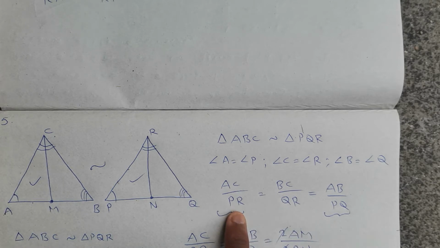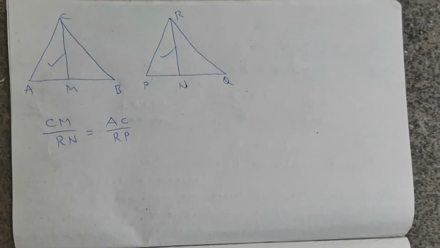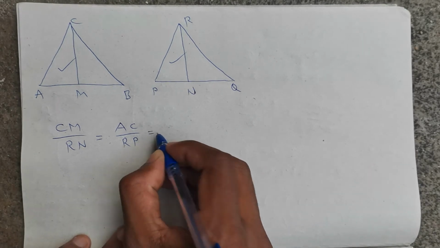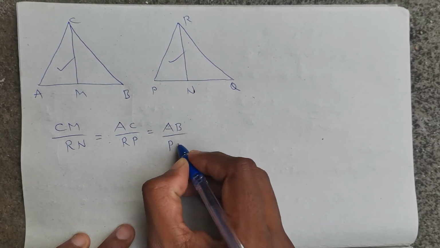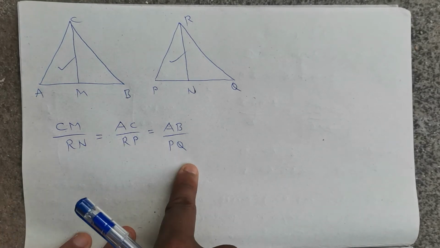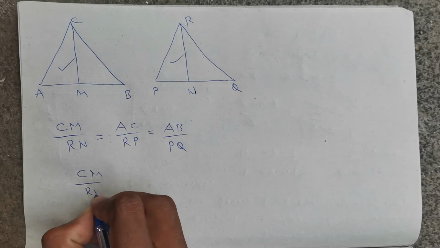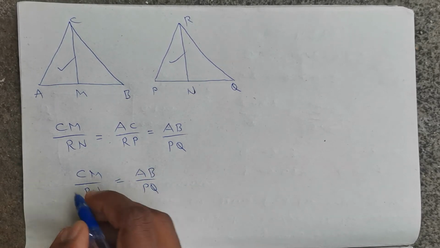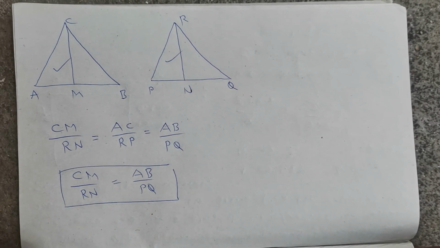So AC by PR is equal to AB by PQ. So in the place of AC by RP, I will write AB by PQ. So from this first one and from the last one we can conclude CM divided by RN is equal to AB divided by PQ. Second one also completed.